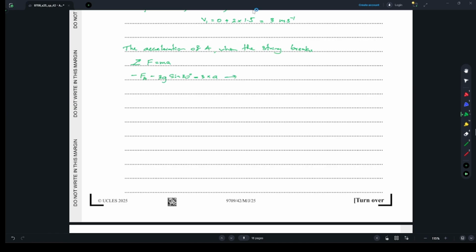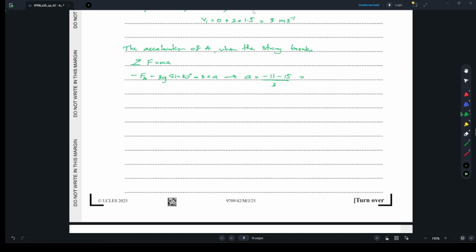Okay, so with this one, the friction previously we found it was 11, and 3g is 30, 3 times 10, sin 30 is half, so it is 15. So we can write a equals minus 11 minus 15, divided by 3.